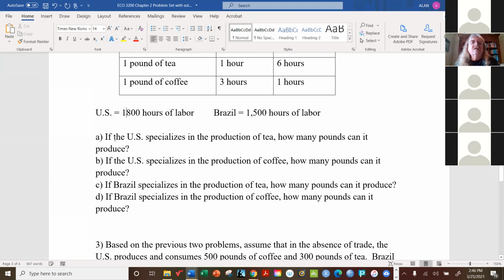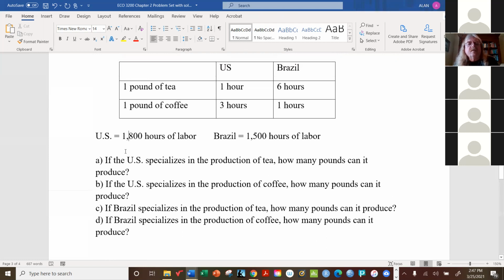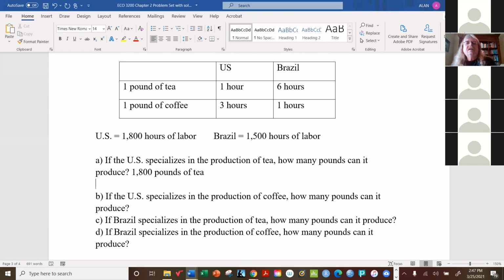Well, these next set of questions is going to be pretty straightforward because, as you can see, if the U.S. specializes in the production of tea, it can make 1,800 pounds of tea. How do you know that? Because we have 1,800 hours of labor divided by 1 hour per pound. So you could write this as 1,800 hours of labor divided by 1 pound of tea per hour.